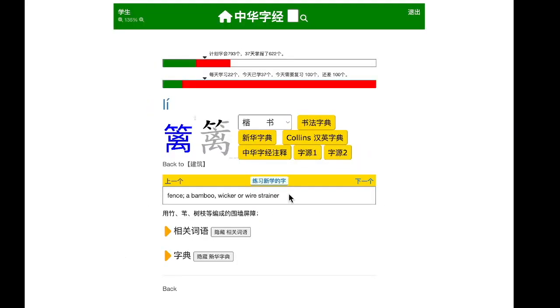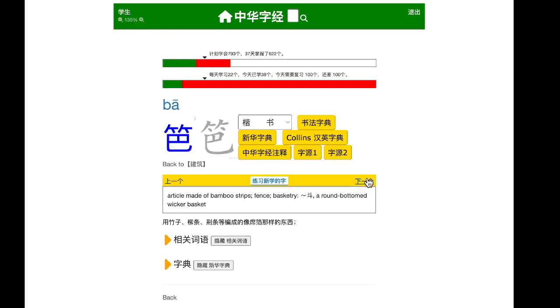篱 is a fence, originally referring to a bamboo wicker or wire strainer, but this together with 笆, which refers to any article made out of bamboo strips, which could be a fence, could be a basket, like bado is a round-bottomed wicker basket.